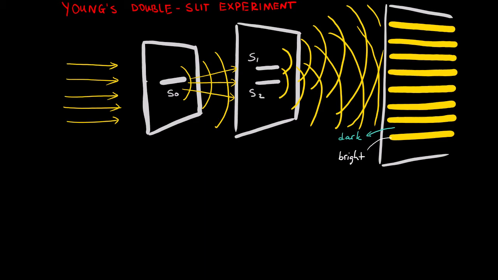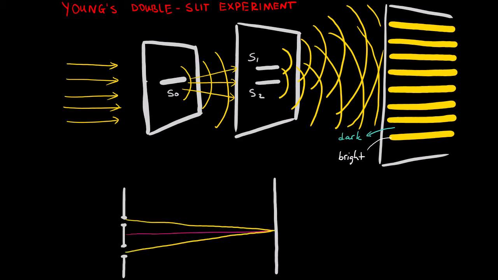Now, to help explain the origin of the bright and dark fringes, let's take a look at the top view of the double slit and the screen. First, suppose waves from each slit travel to directly opposite the midpoint between the two slits.